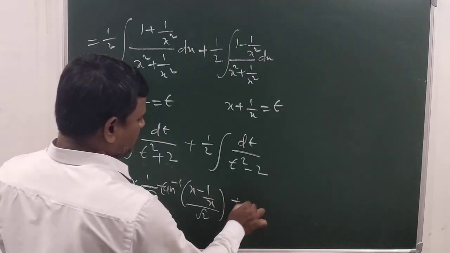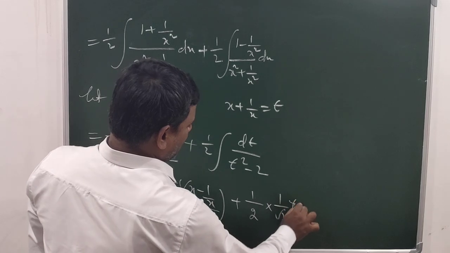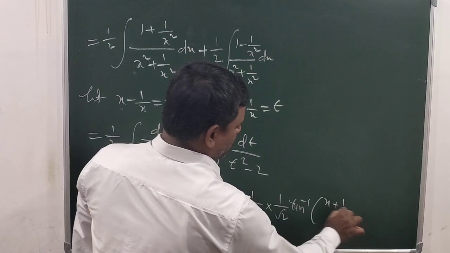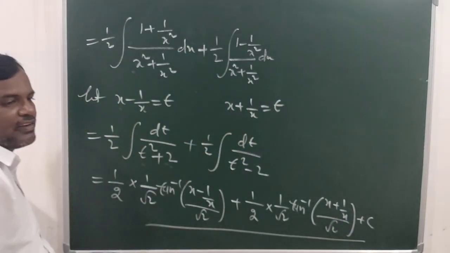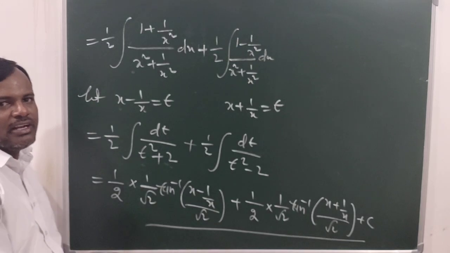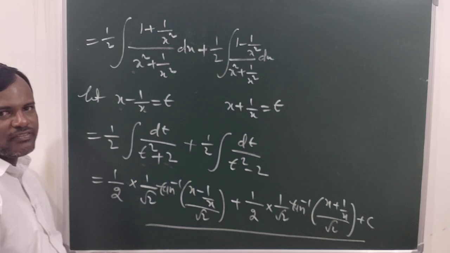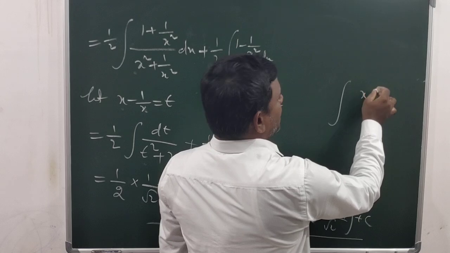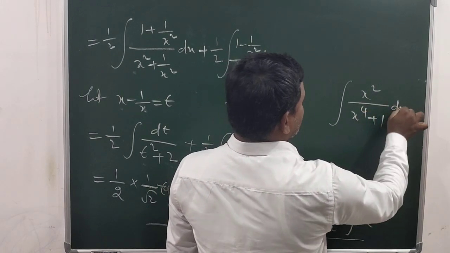And what about this? 1 by 2 into 1 by root 2, tan inverse of, here what is the substitution? x plus 1 by x by root 2 plus c. This is your required result for the integral of given function. What is the given function? Integral of x square by x to the power of 4 plus 1 dx.